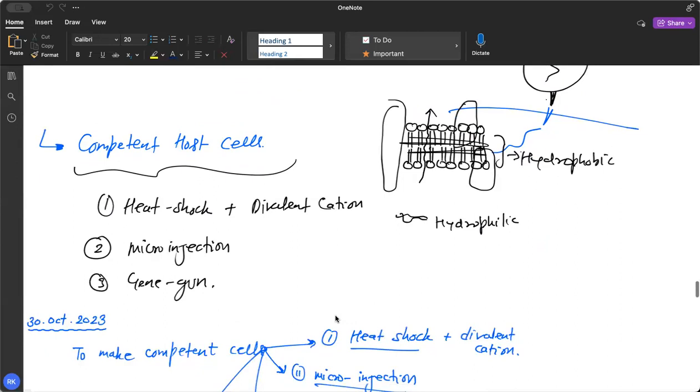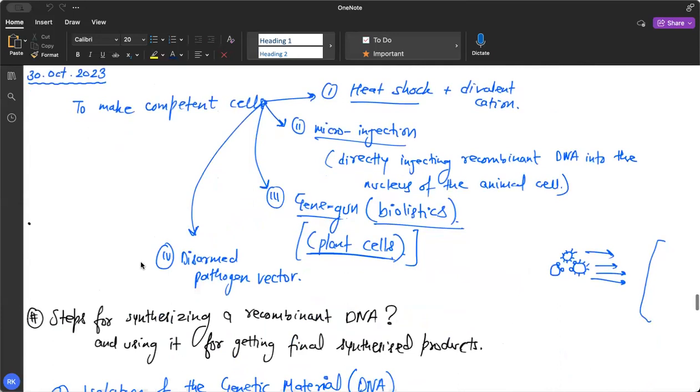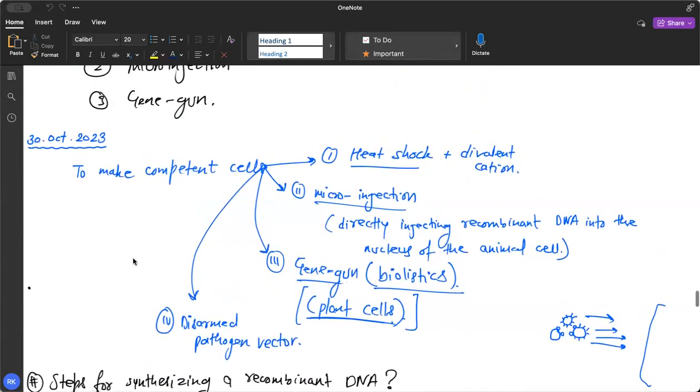And to make them competent, there are many methods: heat shock plus using divalent cation, which is the most commonly used one. Microinjections and gene gun are other methods that we talked about in detail. So just to give a summary, heat shock plus divalent cation is used mostly for bacteria, microbes.